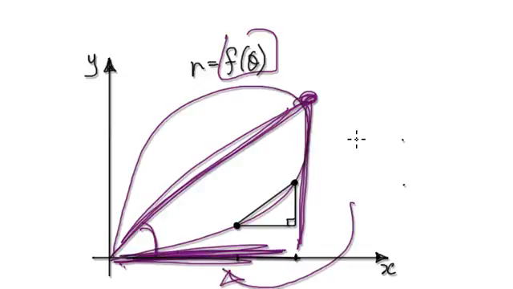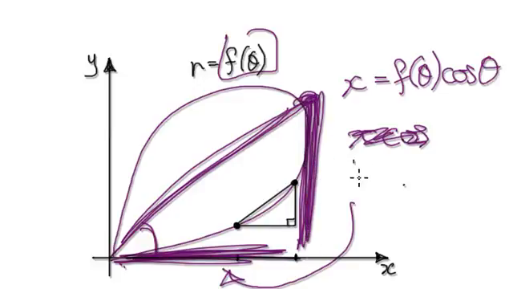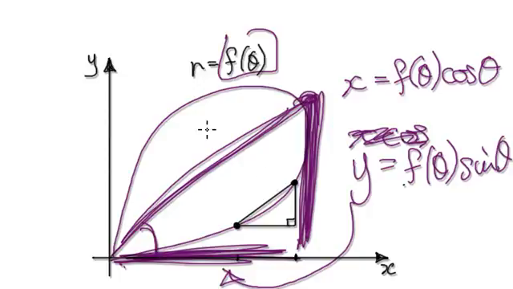The x location would be x equals f of theta cos theta, and then we will also know the y location. The y location will be f of theta sine theta.